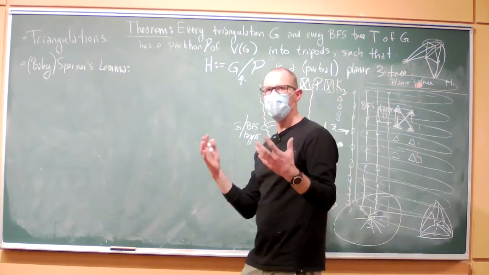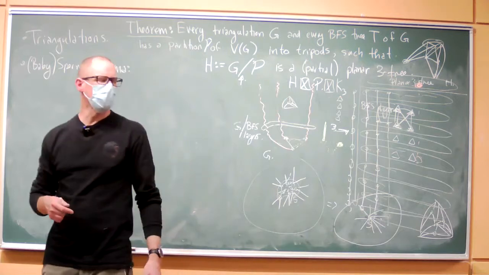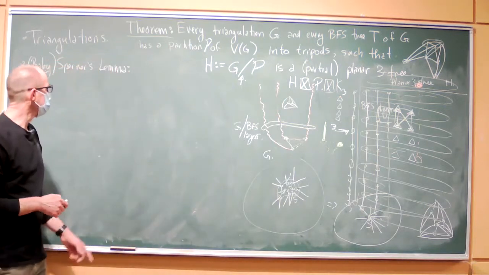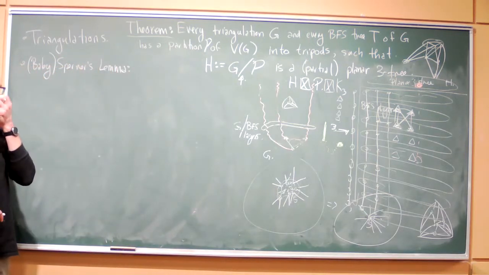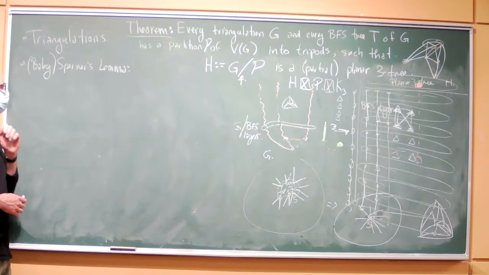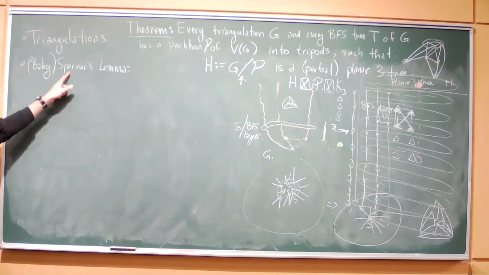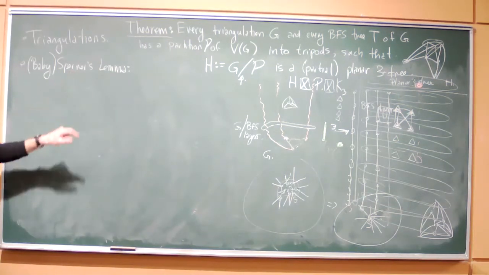So where things are continuous in some way, even though it's actually just a lemma about graphs, but it ends up being useful to prove these kinds of things. So I'll show you the baby version of this thing that we need.